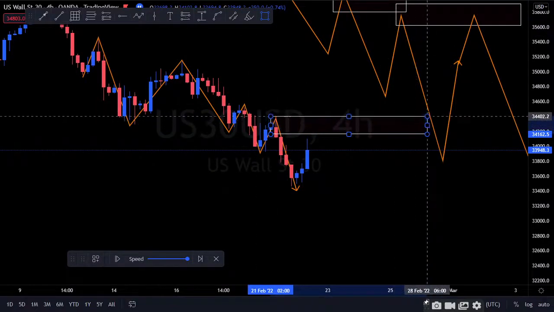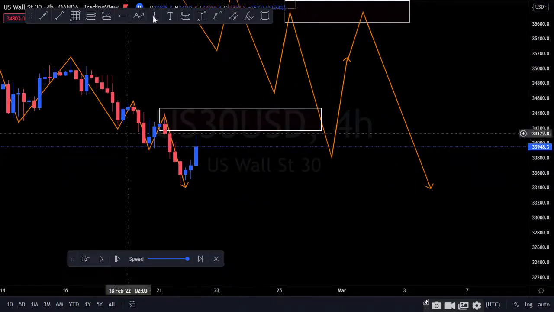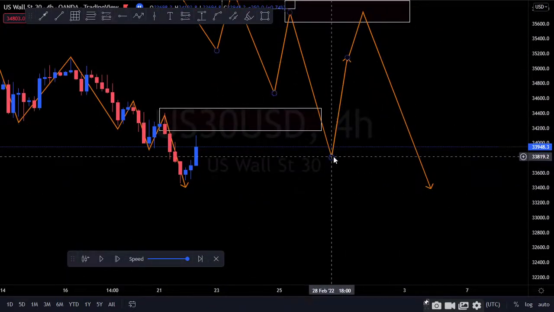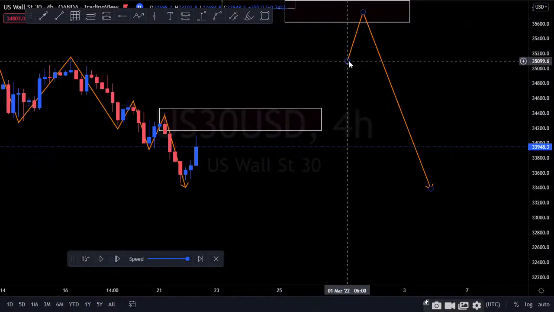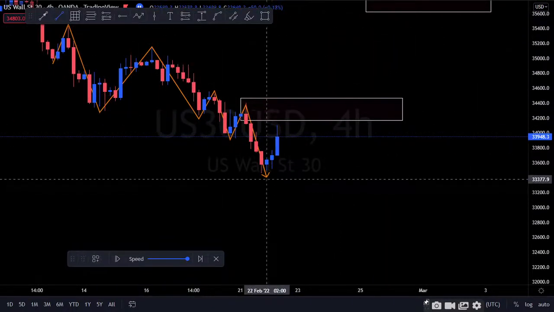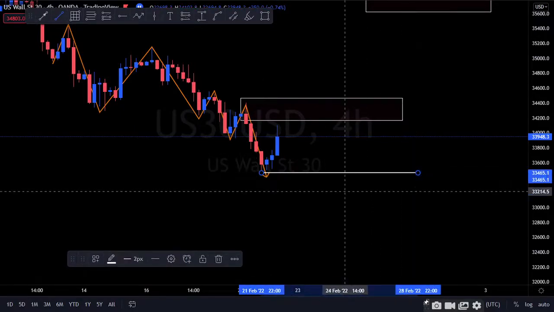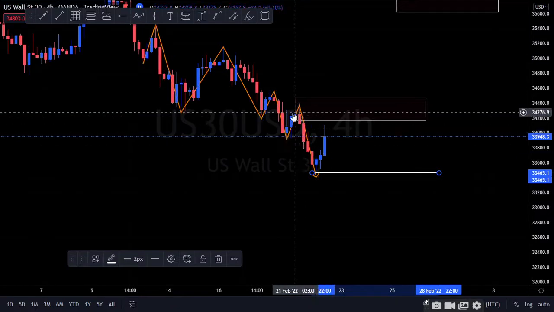This area is our point of interest. So we can sell from here and then target the previous lower lows. Sell from here, then target the previous lower low. When we get to the order block, you understand everything and everything will become simple. We know the exact area.